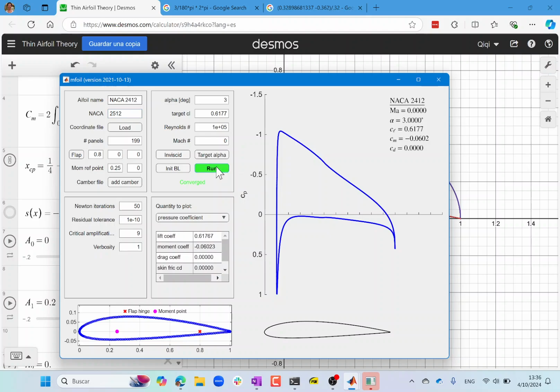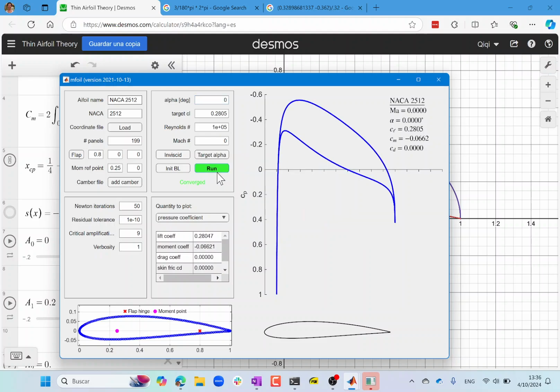And if you run it again, and particularly if you set the angle of attack to 0, that would actually correspond to what we ran today. If you set the angle of attack to 0 and use 2512 as the airfoil, you're going to get something more like this, right? And then if you look at the difference between the lower and the upper pressure and think about what we get in thin airfoil theory, like a semicircle or semi-ellipse, that's pretty much this pressure distribution.